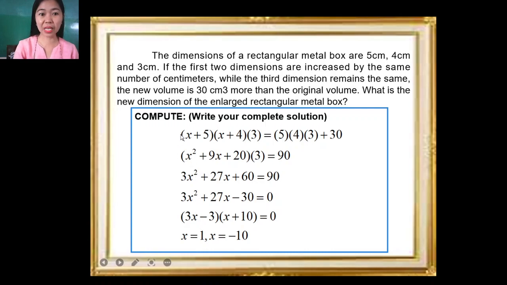Meaning, if it is the number of centimeters added to the first two dimension ang inire-represent na value ng x, we are going to consider the positive value which is 1 and not negative 10. So, hindi pwedeng maging negative 10 kasi dinagdag siya dun sa first two dimension.